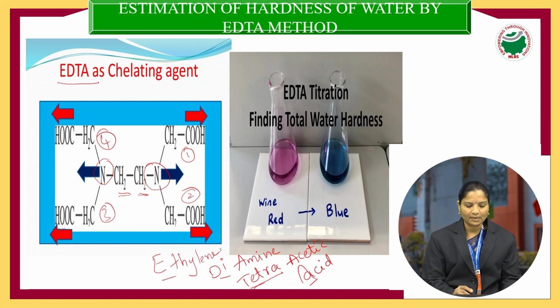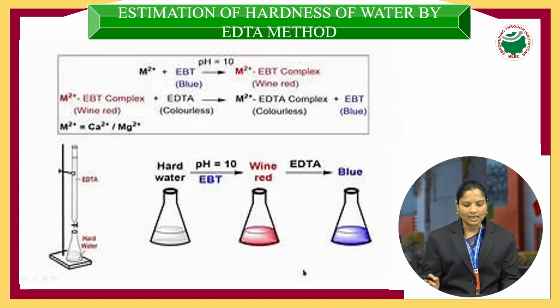Ethylene diamine tetraacetic acid is a chelating agent, a complexing agent, a pentadentate ligand. This ligand reacts with the calcium and magnesium ions to form complex metal ions. Hence this titration is also known as the complexometric method.